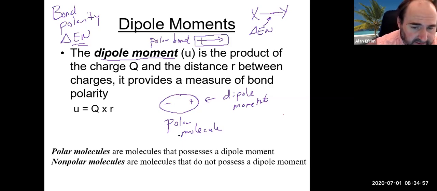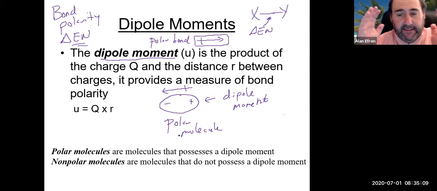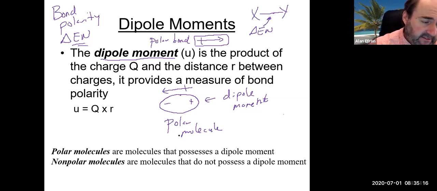So in this particular case, we would draw that arrow heading towards the negative side, and that would be our dipole moment. So polar molecules have a dipole moment, which could be really small or a large difference, but some type of difference in terms of the positive and negative. Obviously, that is different than if everybody's going to equally share the electrons as a whole. That would be a nonpolar molecule.